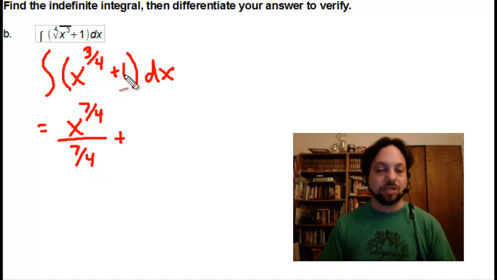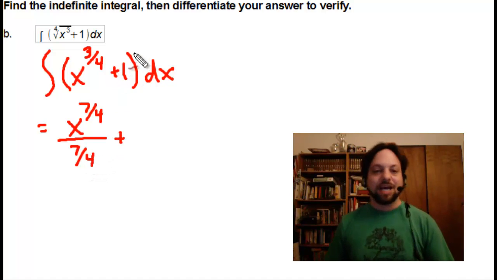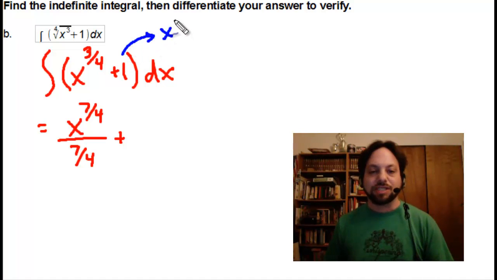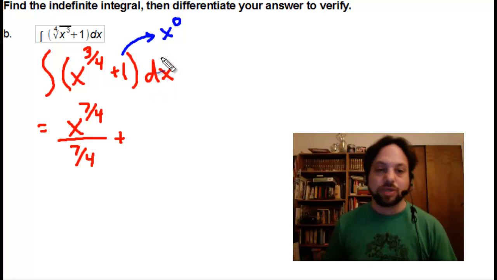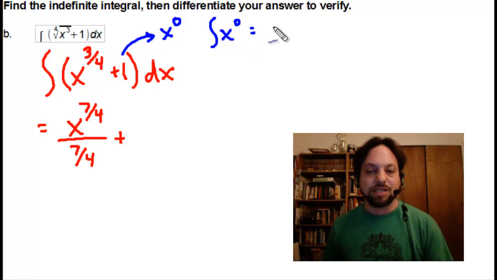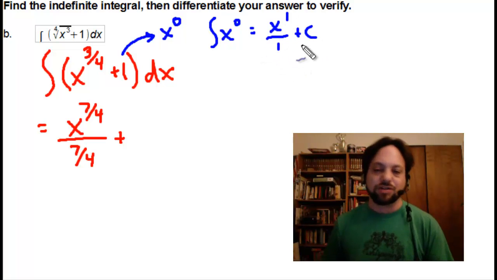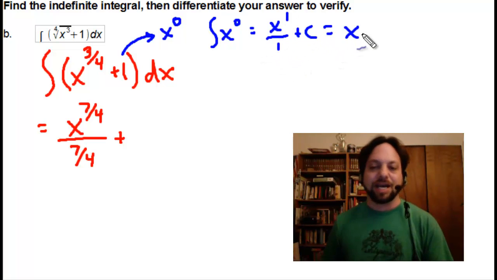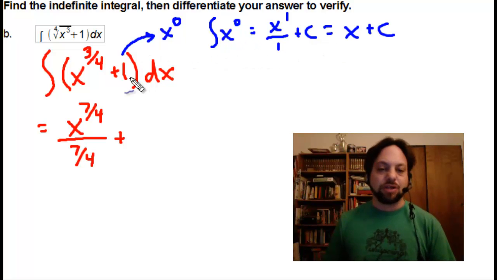Now, what am I going to do with this 1? Well, think about this. If you think of 1 as actually being x to the 0th power, which is reasonable to think about, when we integrate x to the 0th power using the general power rule, what we'll get is simply x to the 1st over 1. And what is x to the 1st over 1? That's just x. So that's pretty useful there.